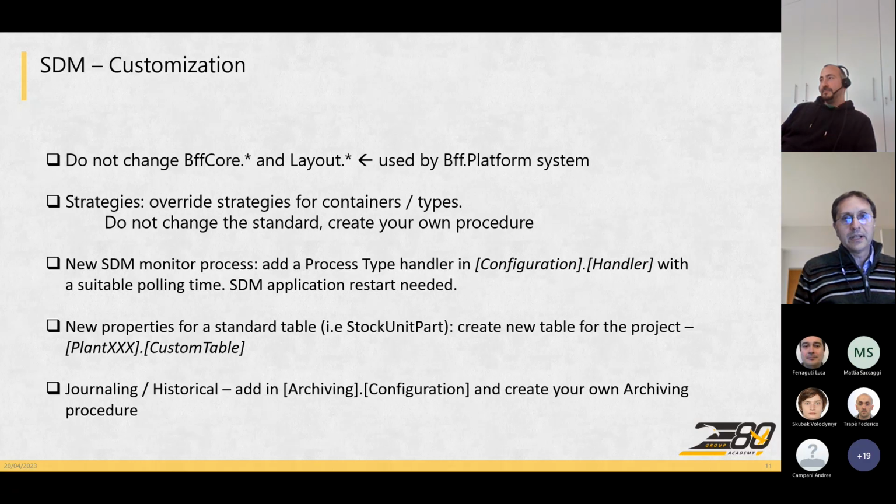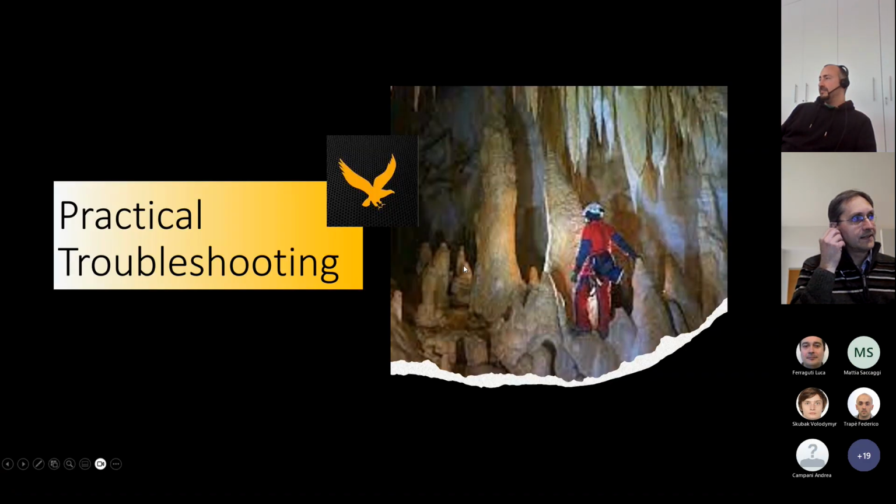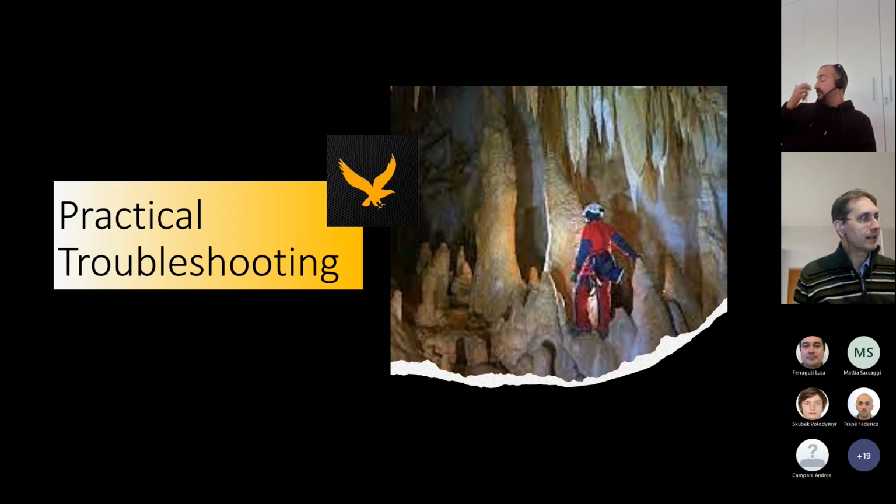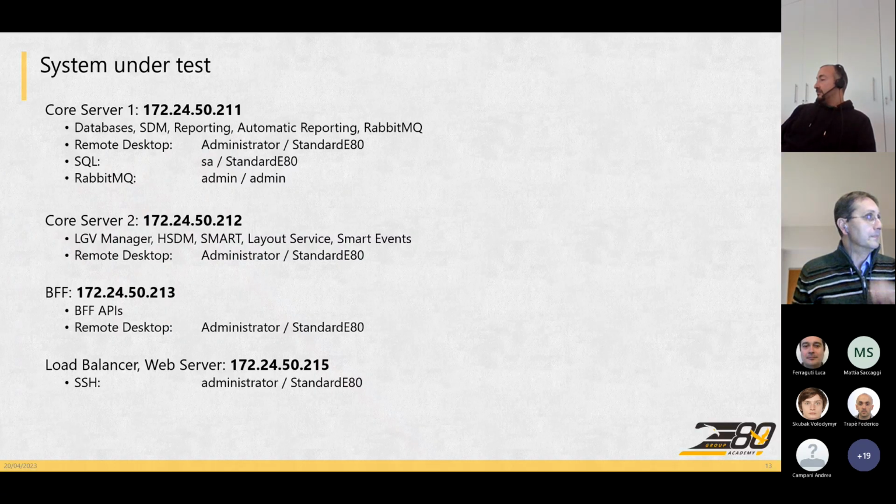Okay. So now we are going to move to the next part. This will not be a lecture; it will be totally interactive. We have a set of machines that is ready, but is not working.